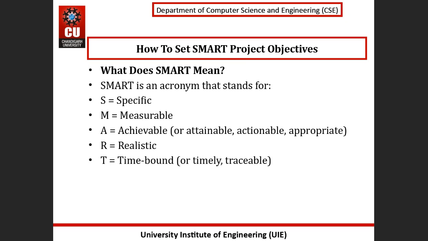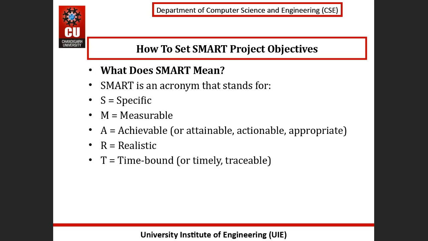Fine. So next is measurable. What is measurable? Measure of effectiveness. So ideally, there should be a measure of effectiveness, which tells us how successful the project has been.